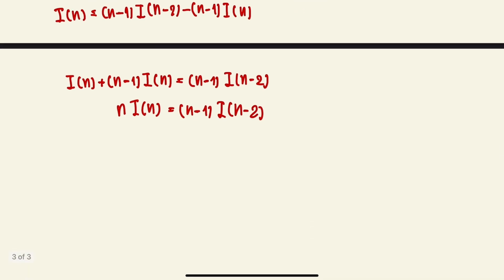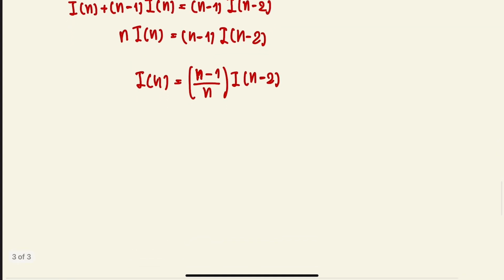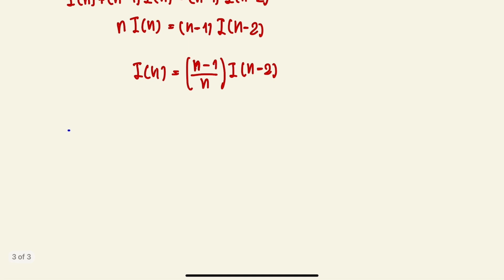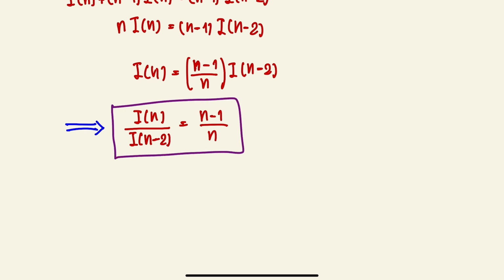So I n is n minus 1 over n times I n minus 2. So I n over I n minus 2 is n minus 1 over n. I will call this one star.